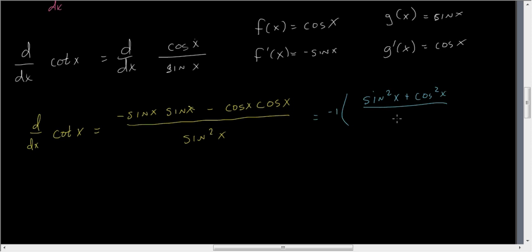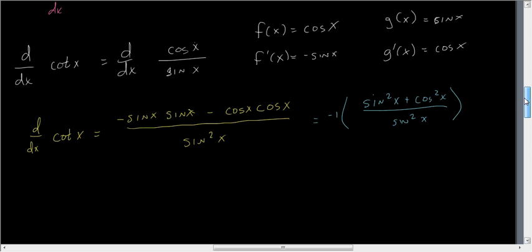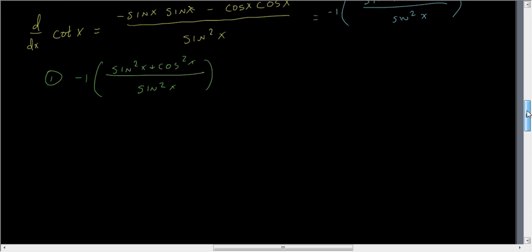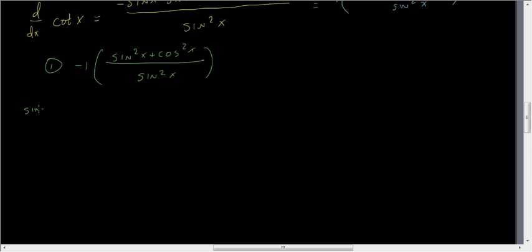And now we have the same thing that we had up in the tangent, where we have two different ways to go about this. All right, so let me take way number one: negative 1 times sine squared x plus cosine squared x all over sine squared x. Pythagorean's theorem says sine squared x plus cosine squared x is equal to 1.